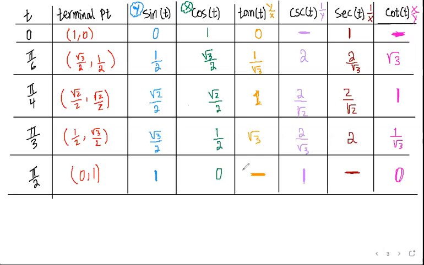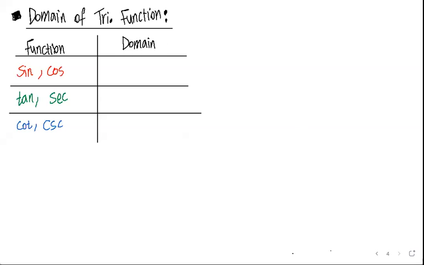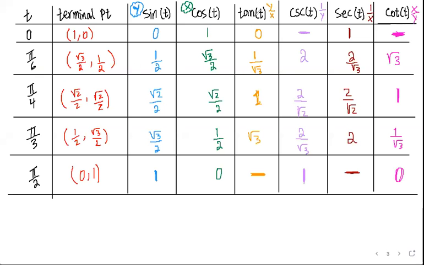If we go back to the table, I don't see any issues in the sine and the cosine. All the boxes are filled. So the domain for the sine and cosine is always R, all real numbers. For the tan and the secant, here is the tan and here is the secant. They have an issue at pi over 2.